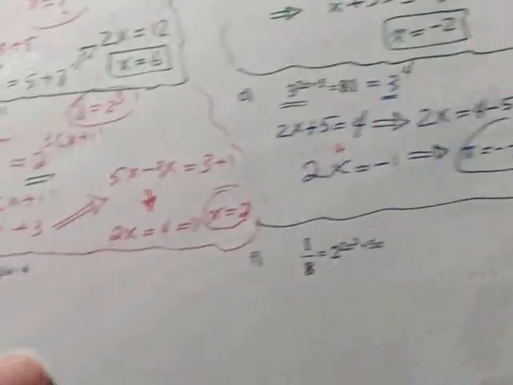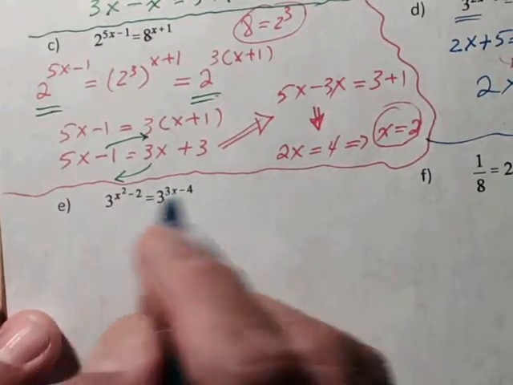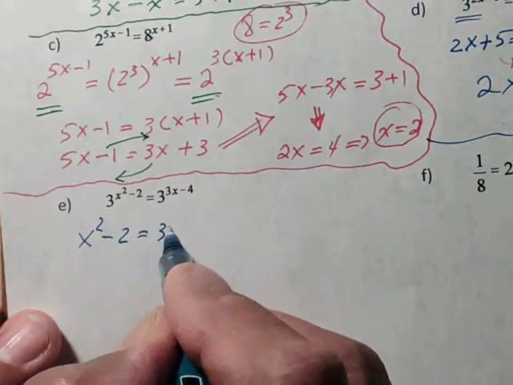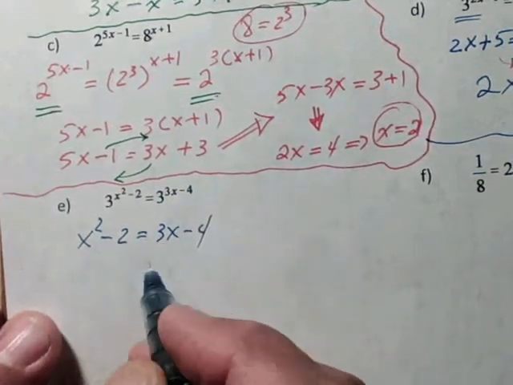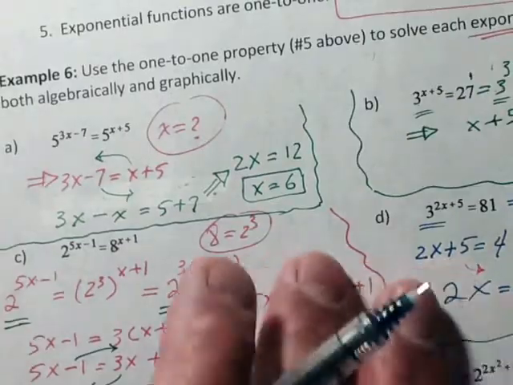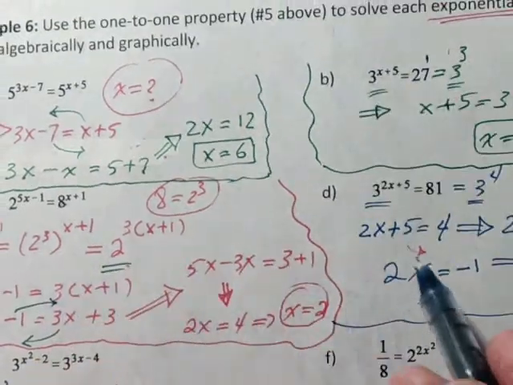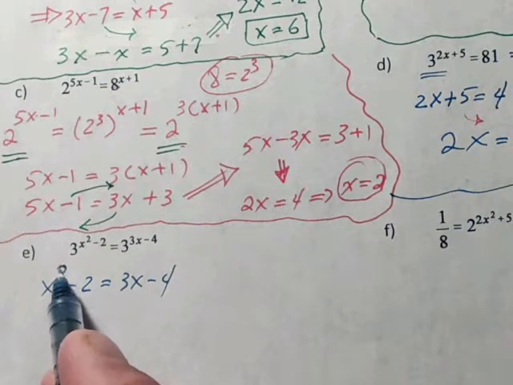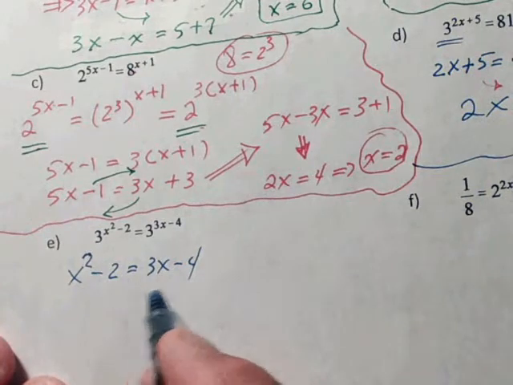Two more. These two already have the same base. So x squared minus 2 equal to 3x minus 4. Now this is a quadratic equation. When I did the previous problems, x didn't have a power of 2. They were linear equations. But here, because it's quadratic, I have to use the quadratic formula or factorization. But I have to put everything on one side.